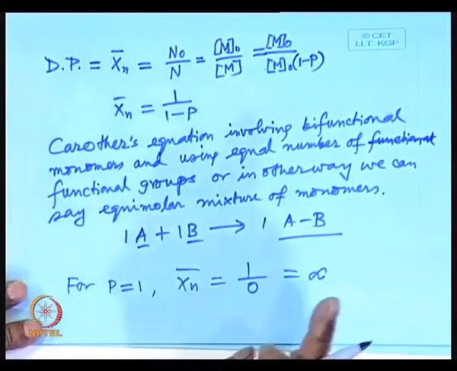Now, one question I can ask you, in that ideal situation, taking 100% pure monomer and perfect stoichiometry, what will be the end groups present over there, how many numbers, and how many molecules will be there?